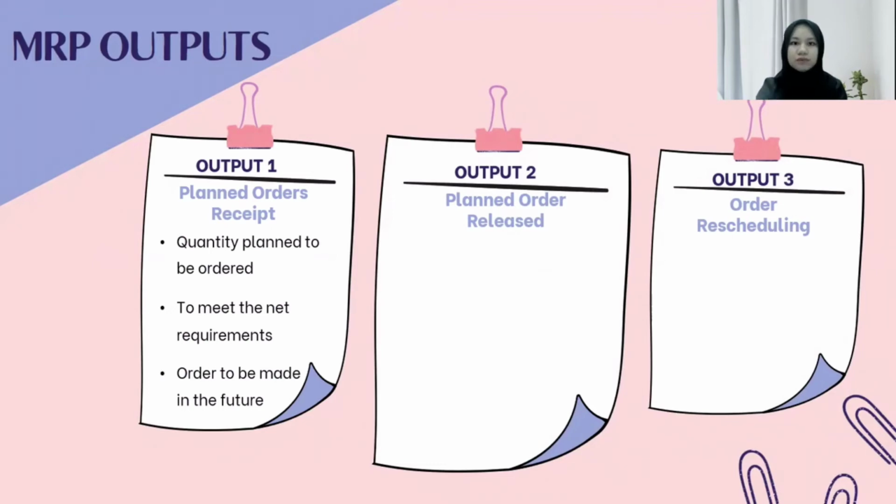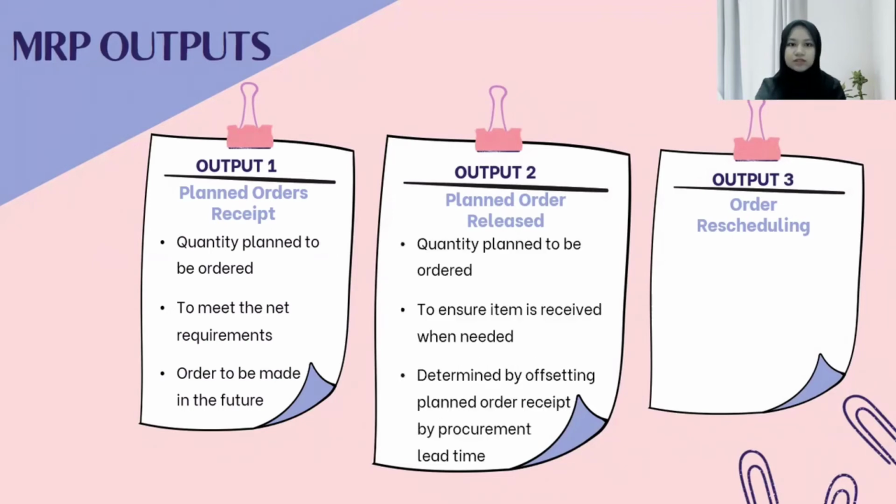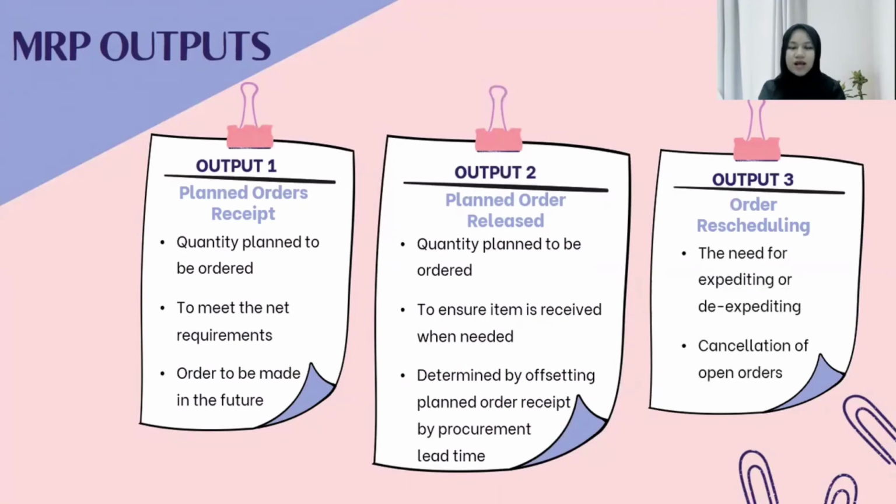For output 2, planned order release, it refers to the order quantity of an item that is planned to be ordered. This is to ensure the item is received when needed. It is determined by offsetting planned order received by the procurement lead time of the item. Lastly, for order rescheduling, it is the need for expediting or de-expediting or the cancellation of open orders in case of an unexpected situation. That's all from me.